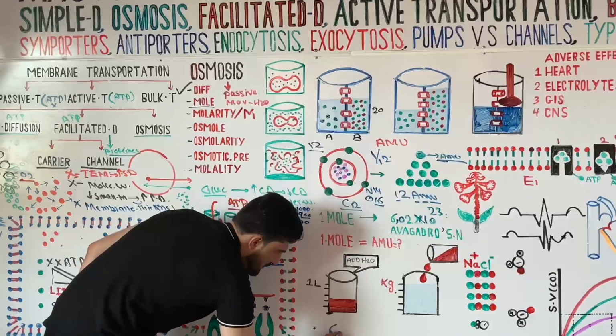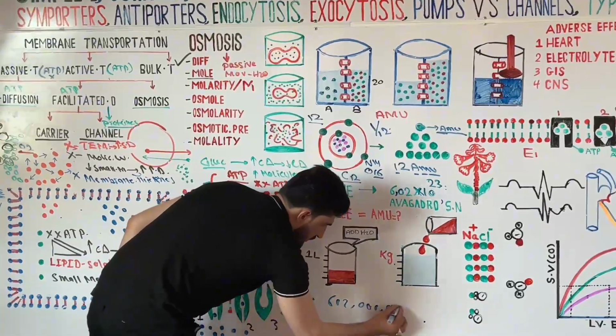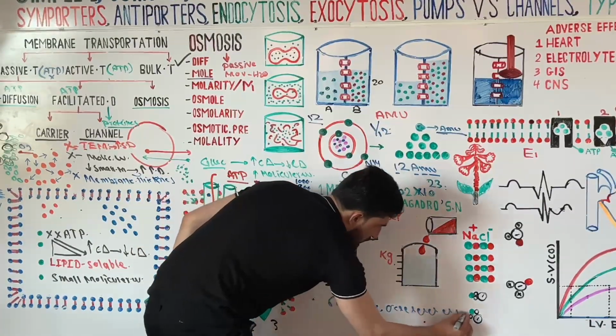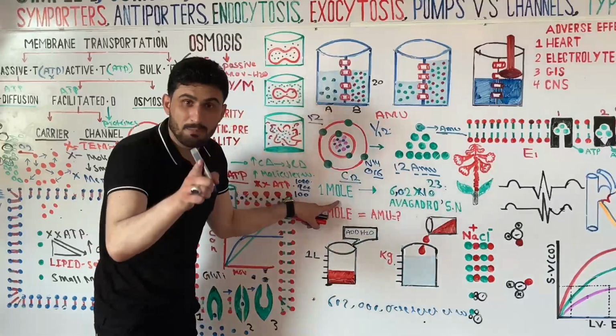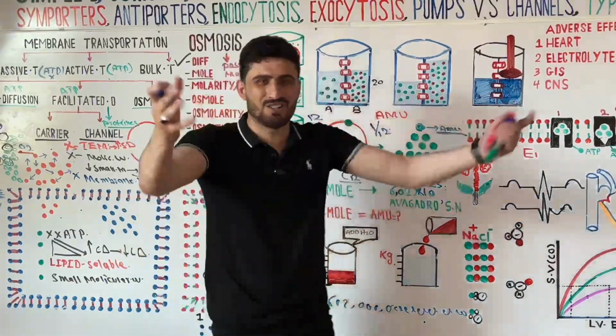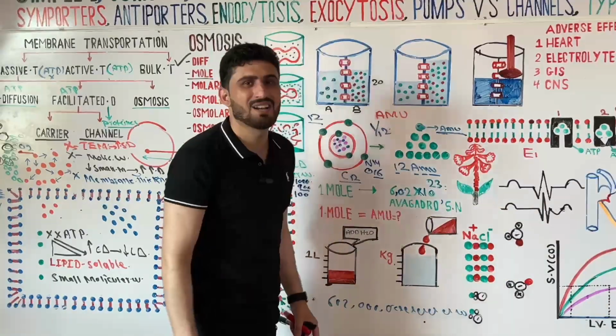This is about 602, 1, 2, 3. This is a so huge number. So we don't use this huge number, this mole, for large things. We use this number for small things like atoms.